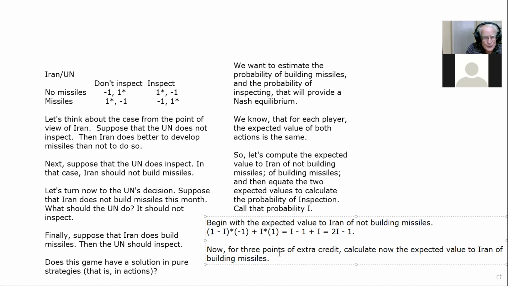So let's see how you did with this problem. The expected value of building missiles is in the second row of the matrix.